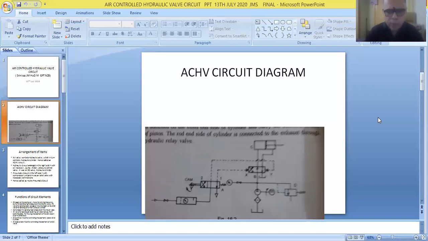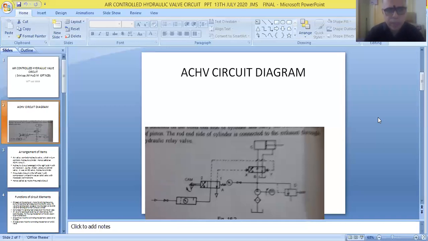These hydro-pneumatic circuits derive the advantages of hydraulic as well as pneumatic circuits, and they are also capable of avoiding the disadvantages of both.